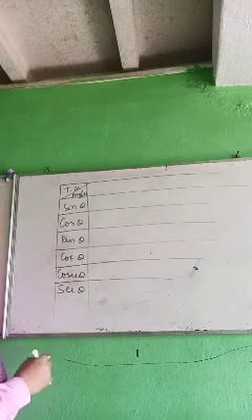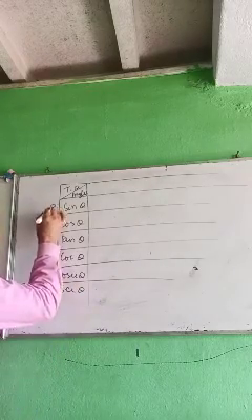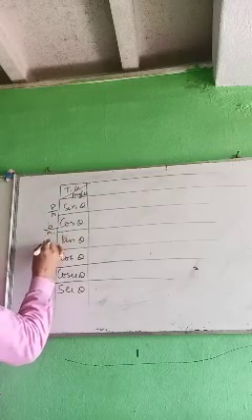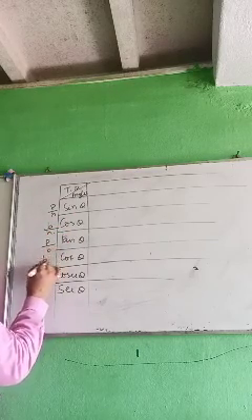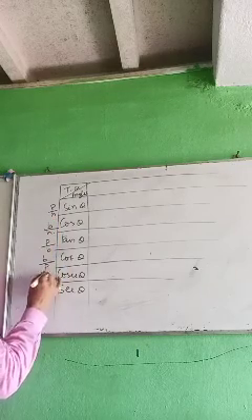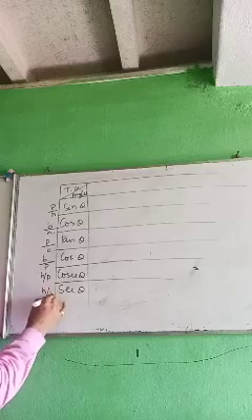This is P by H, B by H, P by B, B by P. Cosec is the reverse of sine, H by P, H by B.